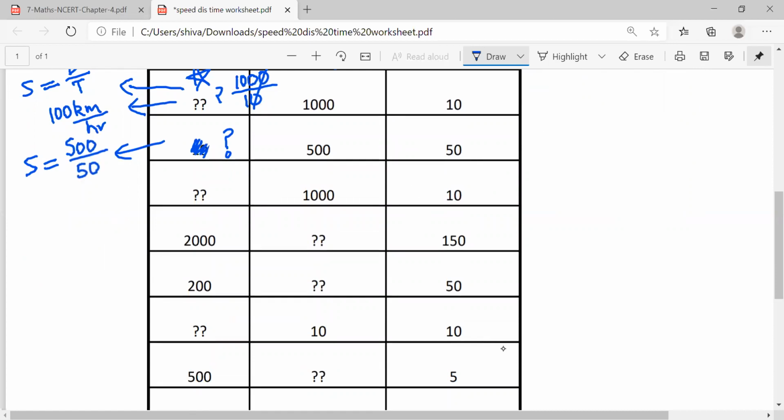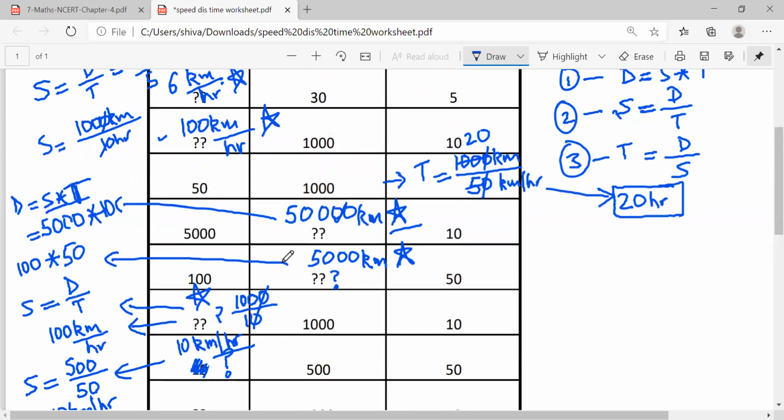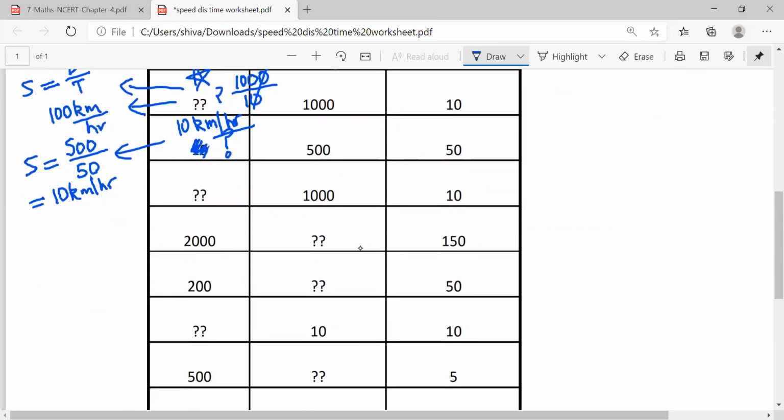So the answer would be 10 kilometer per hour. Yeah. So but then why did you write all the three? So yeah, that was a mistake. Actually, one of the blocks should be empty. Yes. Okay.